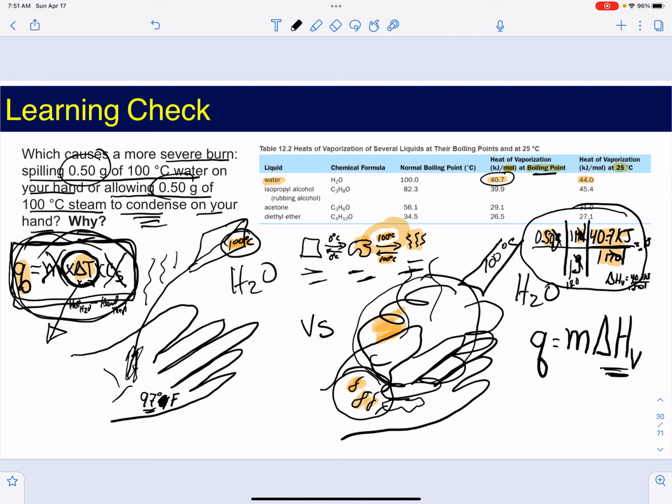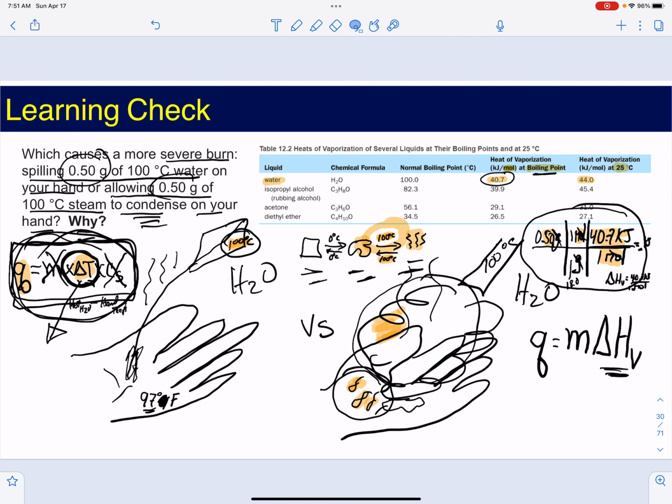We're going to find out when we do those calculations that the steam condensing on your hands is definitely going to send you to the hospital. The water, not as much. The amount of energy coming from the steam is huge compared to the amount of energy coming from the hot water just touching you. I'm going to let you do those calculations so you can compare the numbers on your own.